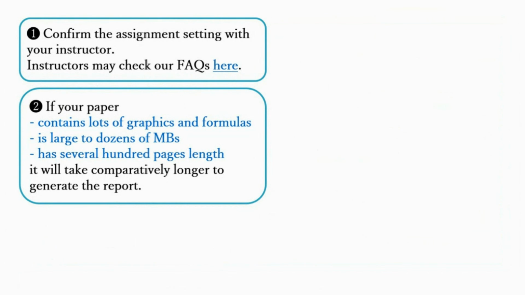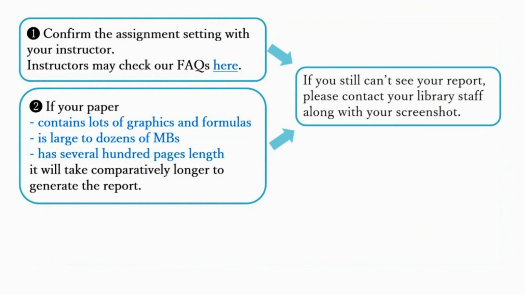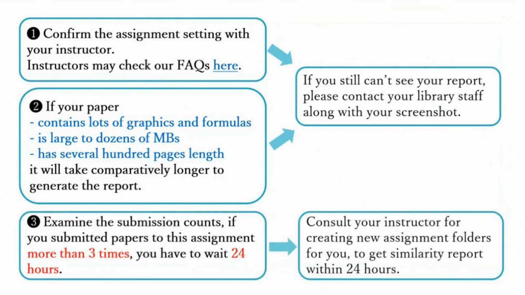Just give it more time. Or you could check the submission count. If you submitted a paper to the same assignment more than 3 times, you have to wait 24 hours. And if you cannot wait, please consult with your instructor about creating a new assignment folder for you.